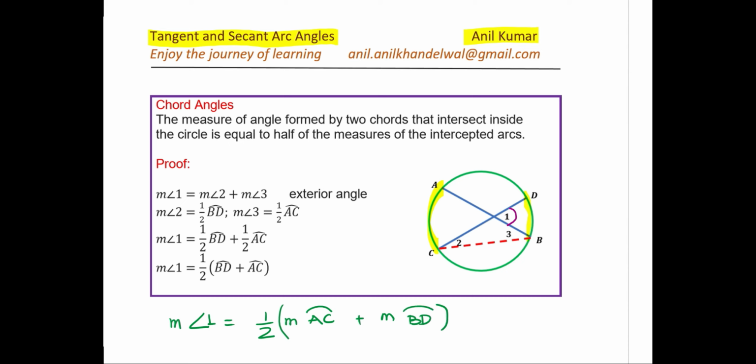So that's the formula known to you. You can always apply this formula and get the result. But it is a good idea to understand its proof also. So let us look into the proof first.